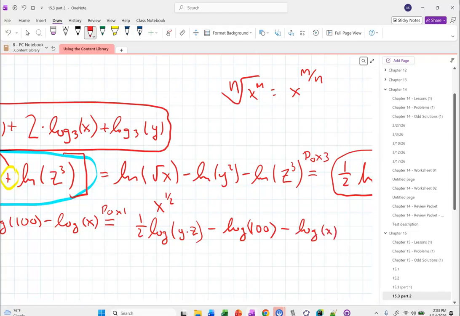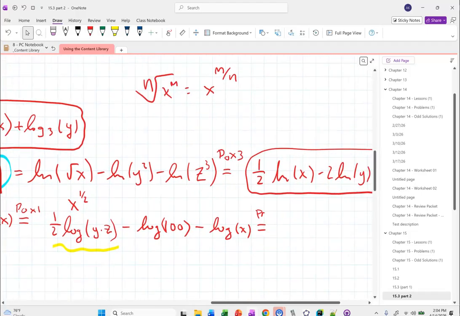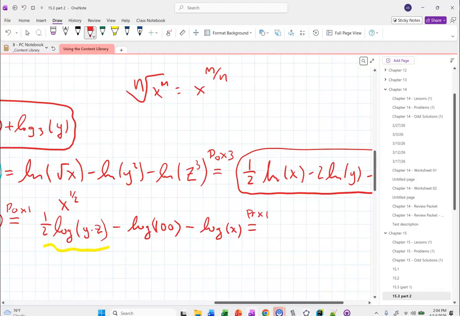Everybody's good there? Notice we're not done though, right? We still have some more we can do on this guy. Yeah, now we go back to the product property because now that we cleared the power off of there, we can go back and get that other product property that we had to skip before.